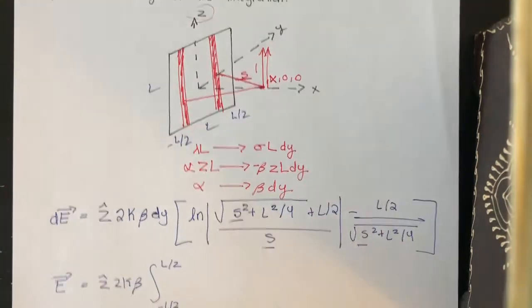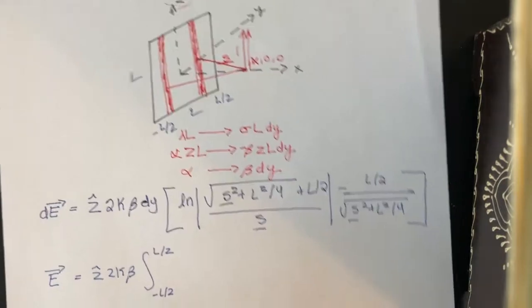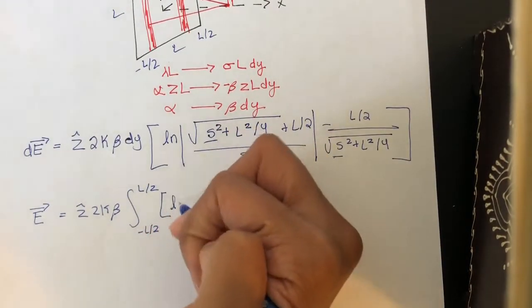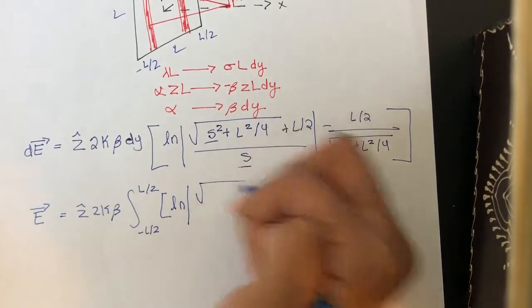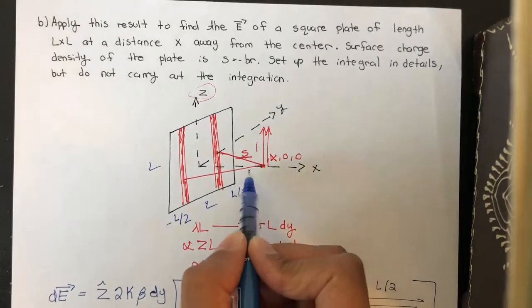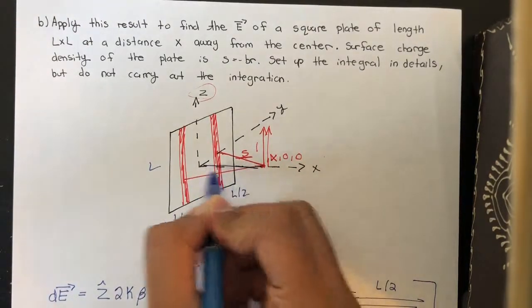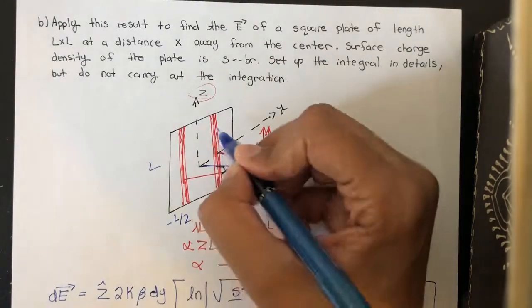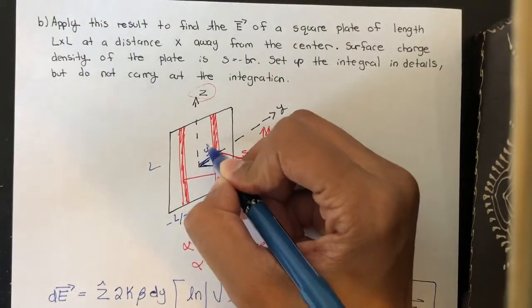They both add to make L. So then we're going to replace s squared by x squared plus y squared.